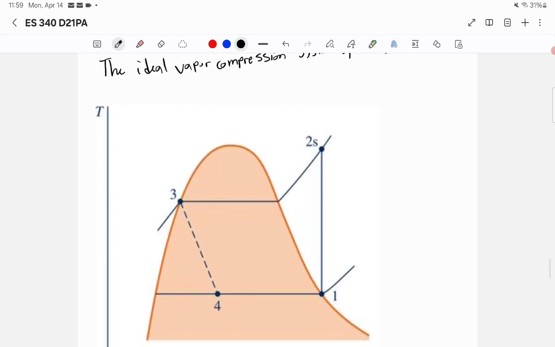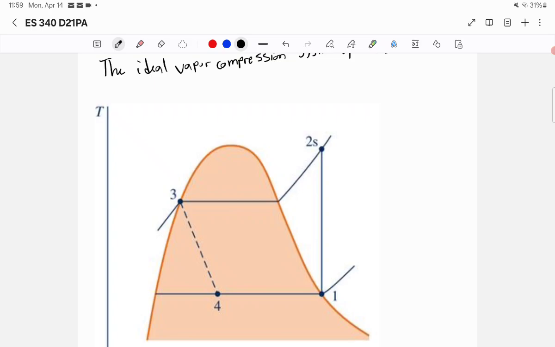So the idea is we're going to trade some of the efficiency that you would have gotten if you had run an ideal Carnot cycle into a slightly better design system, and by doing so in the real world, we get better results than trying to copy the Carnot cycle.